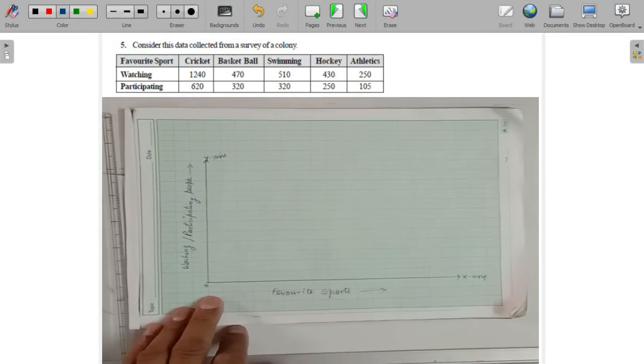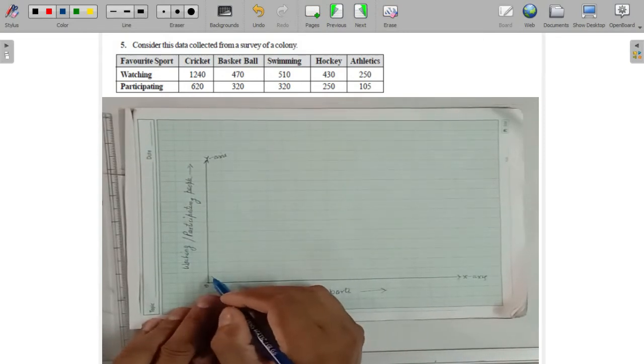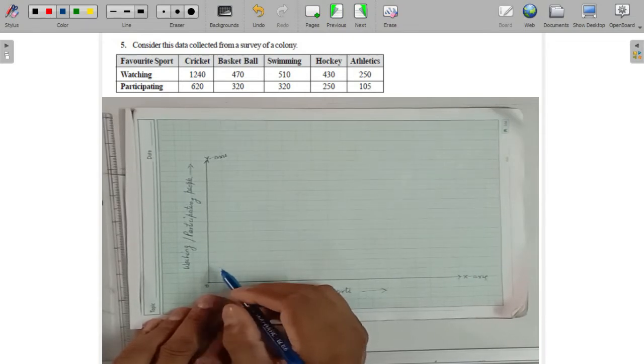Now you have to take a suitable scale. So take 1 unit equal to 100 people.